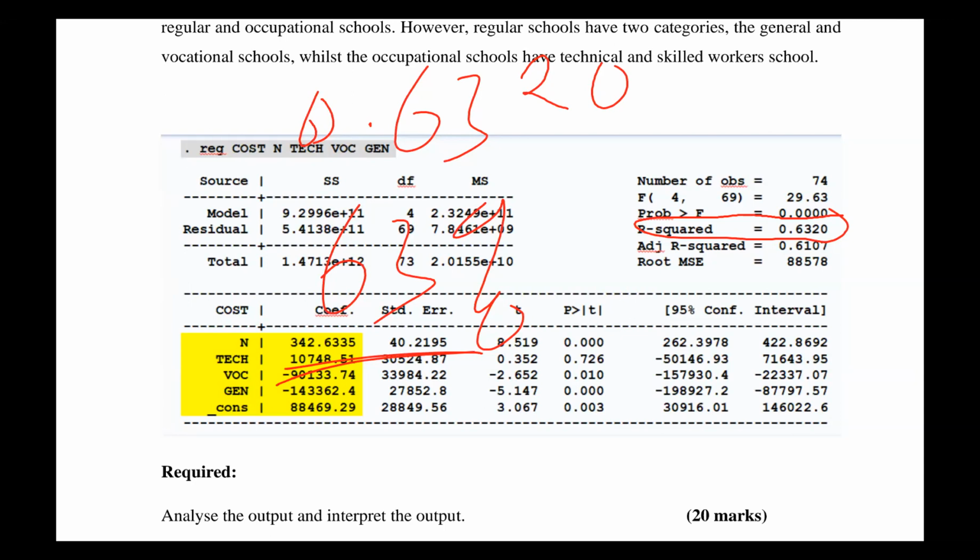So only 63% of the variances in total cost are explained by enrollments in skilled workers school, technical schools, vocational, and general schools. Did you get that one? Yes. I'm now being specific. If I were general, I would have said only 63% of variance in Y are explained by X variables.